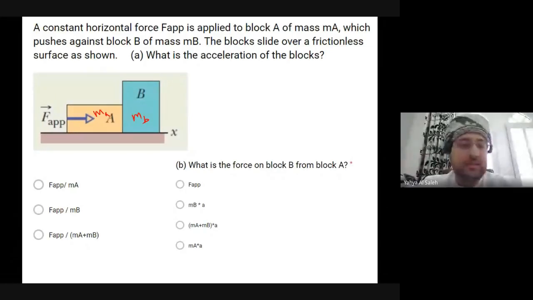What is the acceleration of the blocks? How do we determine how fast the blocks move? So this is A, this is B, and this is C.